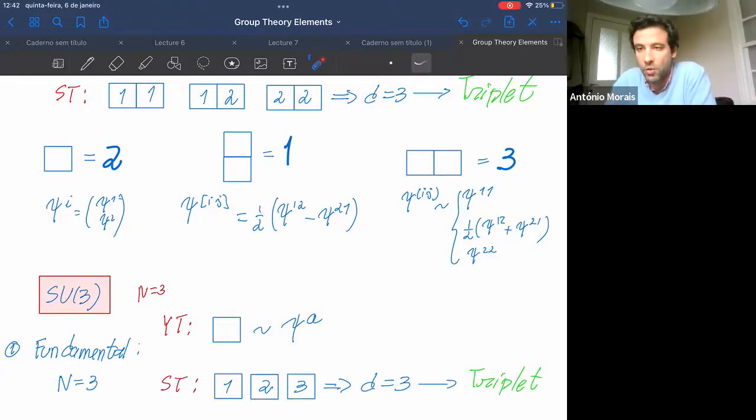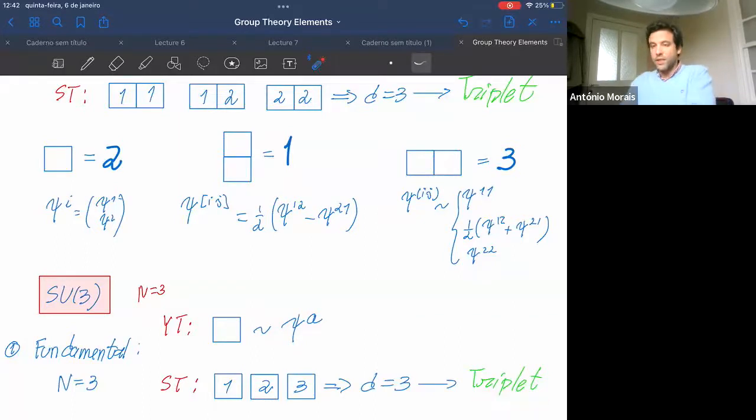And here there are no indices to grow left to right or top to down, because this is an isolated box. The standard Tableau is the combination of all possible Young Tableau filled up with indices. So we have 3 of them, so the dimension is 3. That's why the fundamental representation is a triplet.